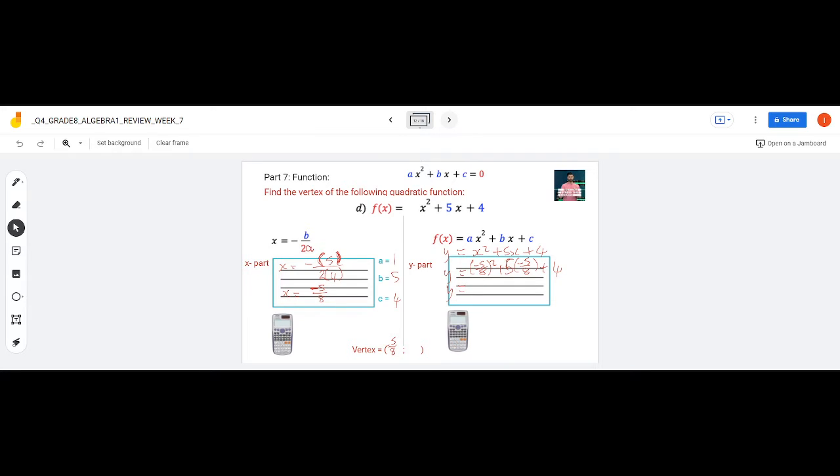So we have, open the bracket, -5/8, close the bracket, squared, plus 5, open the bracket, -5/8, close the bracket, and add 4. We get an answer of 81/64.